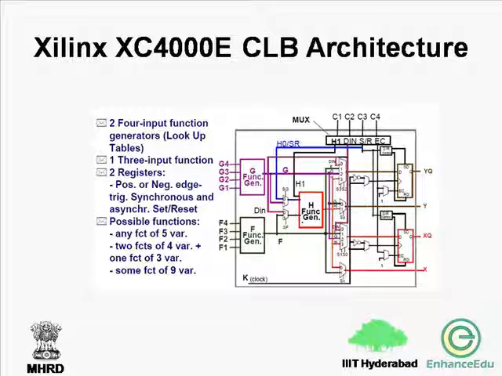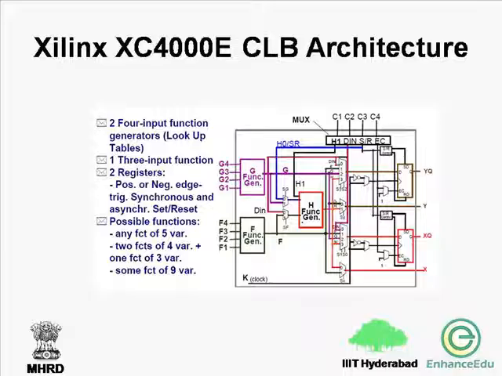But now, instead of just one 4-input lookup table, you have two 4-input lookup tables, and they are connected to another 3-input lookup table. So you have an option of implementing a logic function with 4 variables, another 4 variables over here, and 3 variables over here.